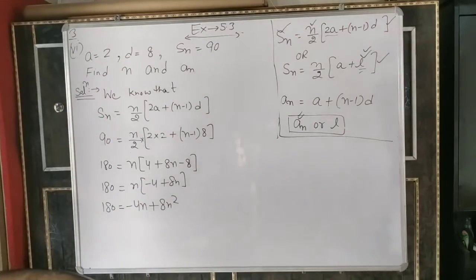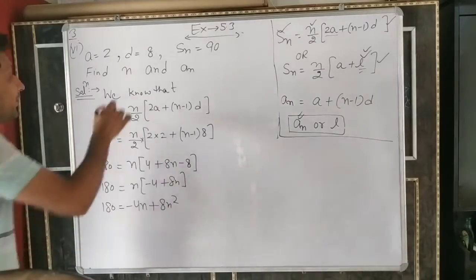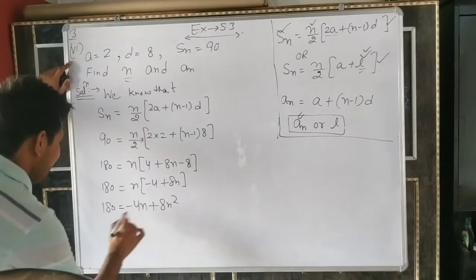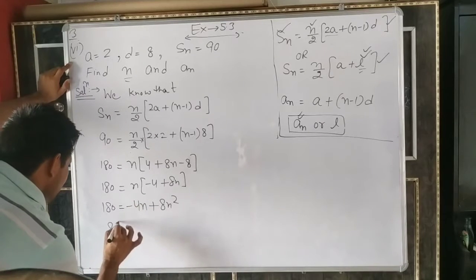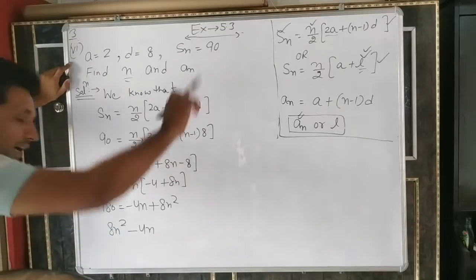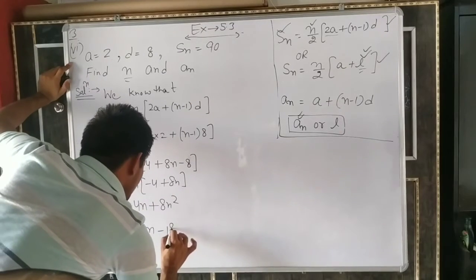Understand dear? We want to find n, so it becomes a quadratic equation. You can write 8n square minus 4n, and 180 on the other side becomes negative, minus 180.